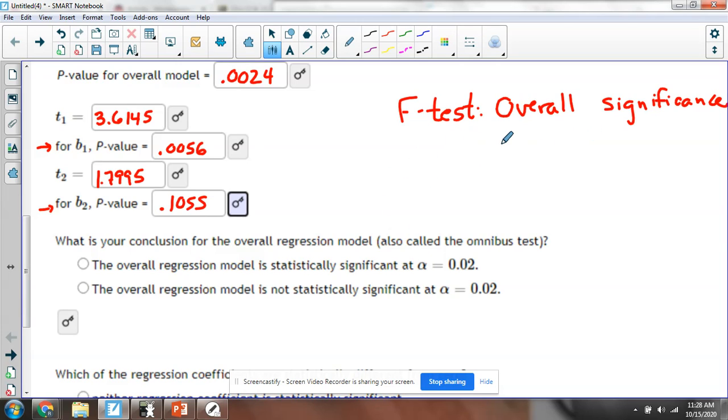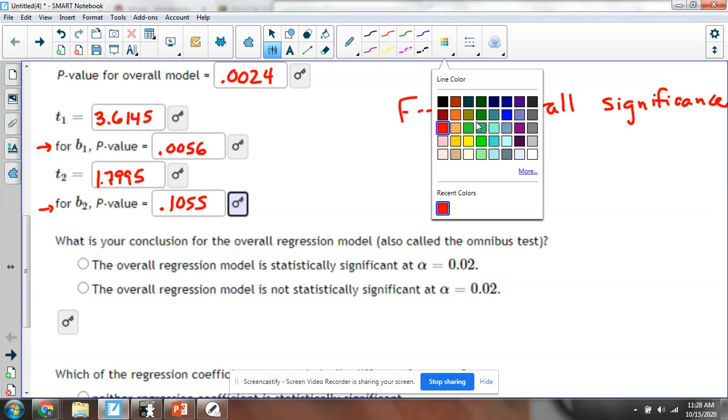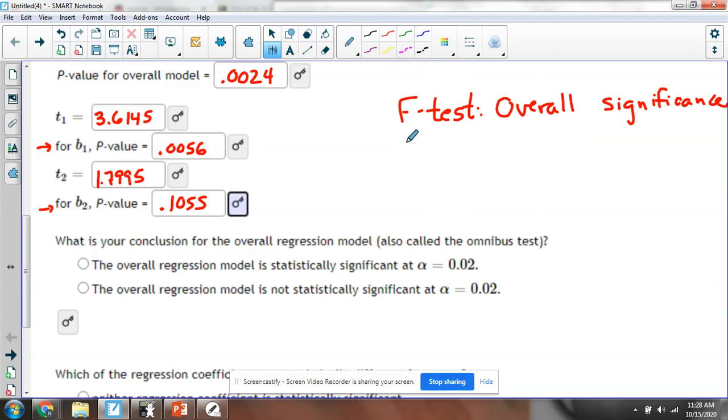So when we're doing this F test, we get to set up our null hypothesis. Our null hypothesis when conducting these F tests is always that every coefficient, beta 1, beta 2, however many variables you're comparing, are all equal to 0. If they are all equal to 0, that means there's nothing significant about the model.